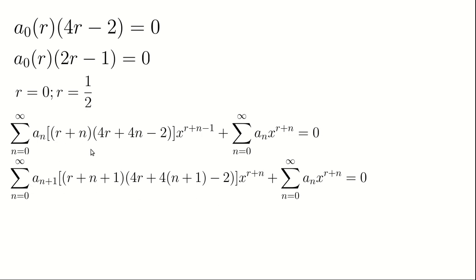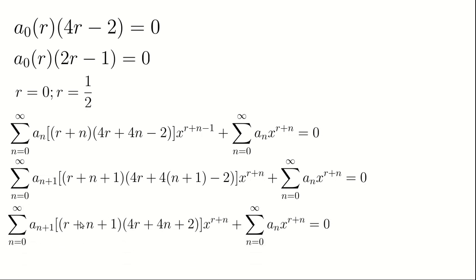So we've seen n plus 1, n plus 1, then 2n. You notice that this part is now this one, which looks exactly like this one. So from here, we can factorize our x to the power r plus n out, and we can even resimplify this one, which is 4n plus 4 minus 2, which will give us 2, which is equal to this one.